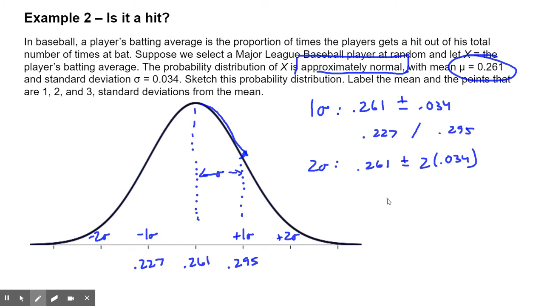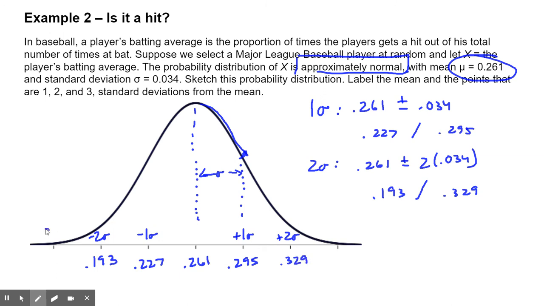So I'll do it the way I did it here: 0.261 minus 2 times 0.034, I get 0.193. And 0.261 plus 2 times 0.034, and I get 0.329. So those go here and here.